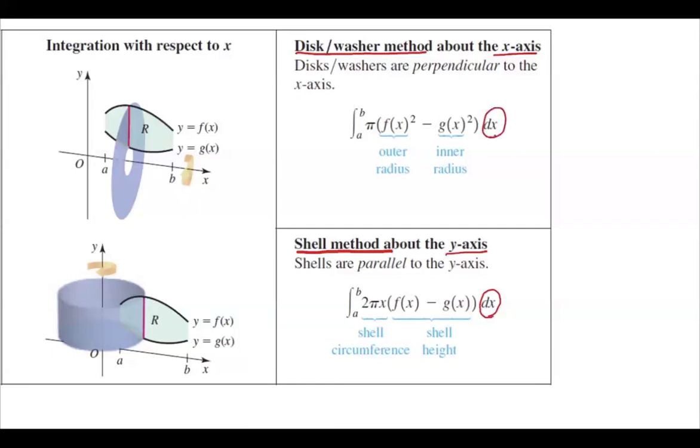So integrating with respect to x using the disk or washer method or shell method: for the disk method, you're revolving about the x-axis; for the shell method, you're revolving about the y-axis.